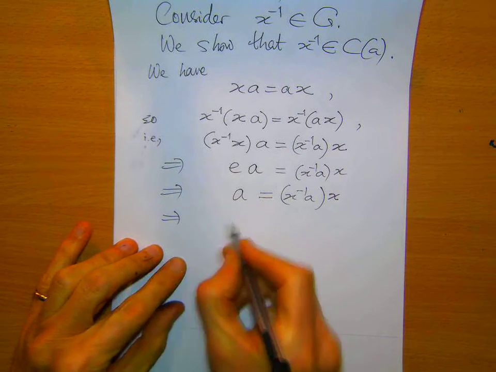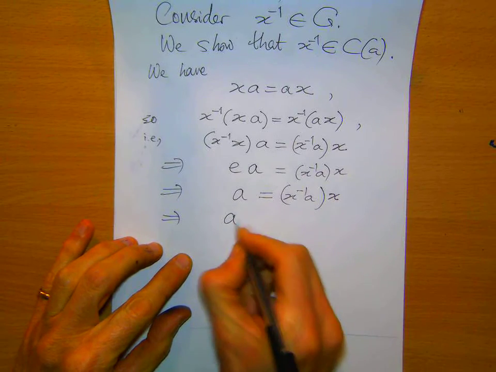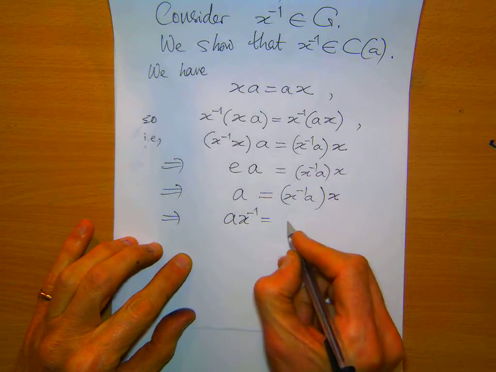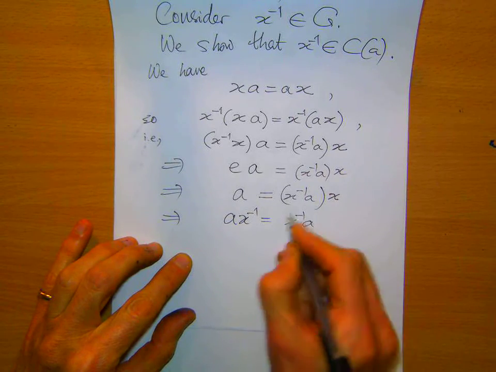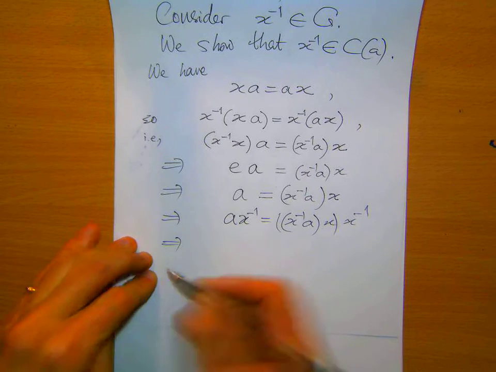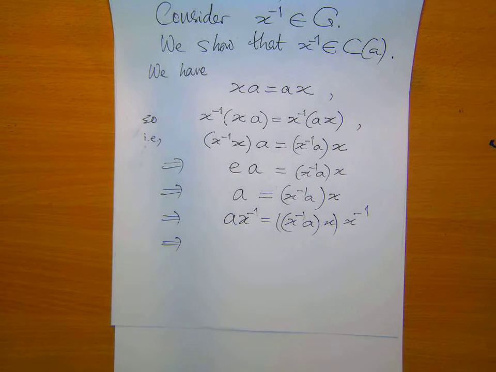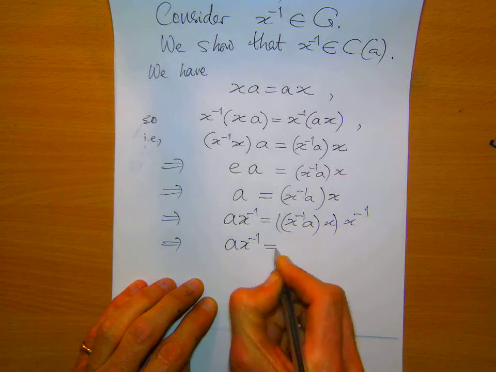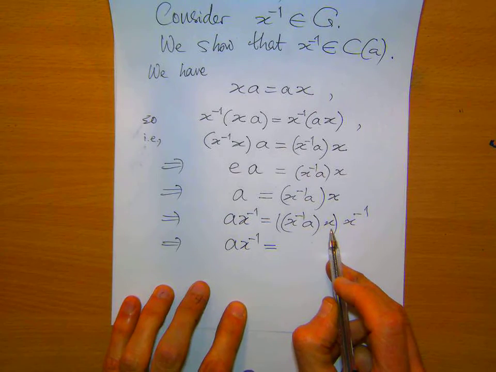And now I post-multiply by x inverse, and I'm really putting every single line in here, which, as I say, some of you may want to skip. And I probably will miss one or two lines out now.